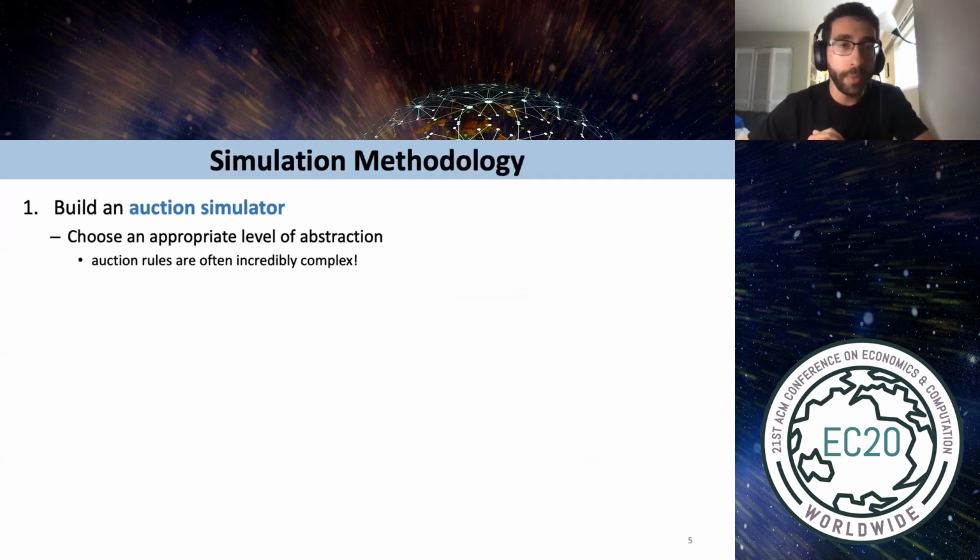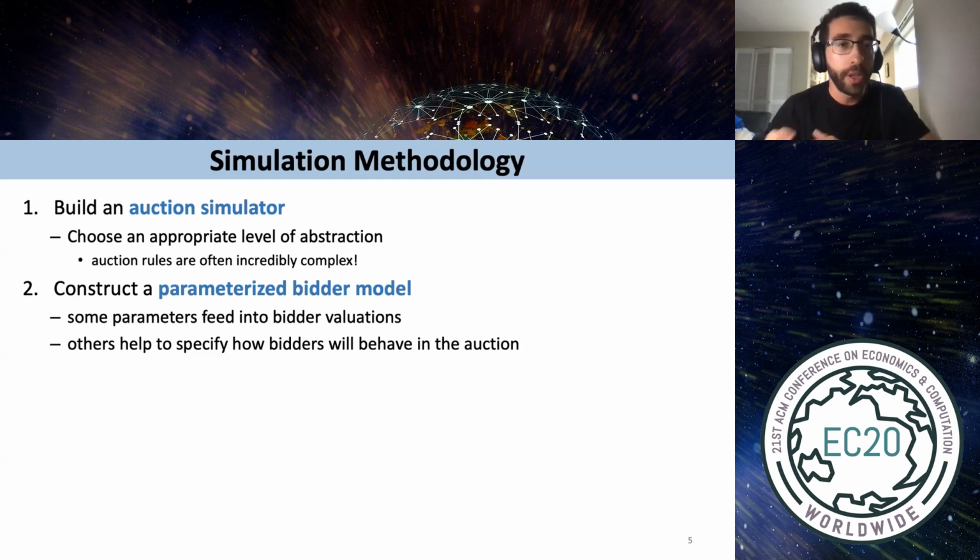So what do I mean by simulation methodology? Well, the first step is to build an auction simulator. Here you get to choose to have as much fidelity as you'd like. You can make minimal assumptions and just literally implement the auction rules exactly as stated, perhaps. The second thing that you're going to need is a parameterized bidder model. Some parameters are going to be strategic parameters, and others are going to have to deal maybe with valuations.